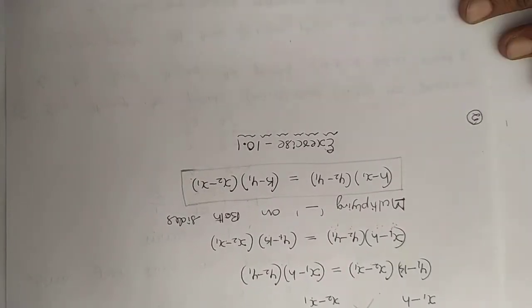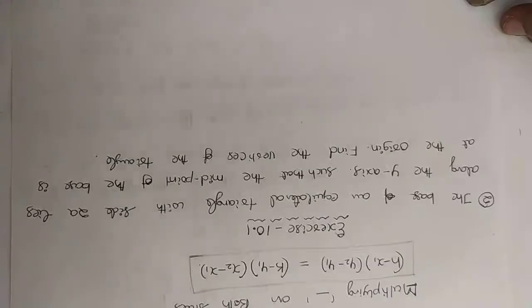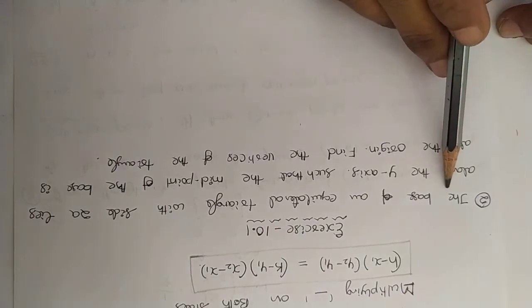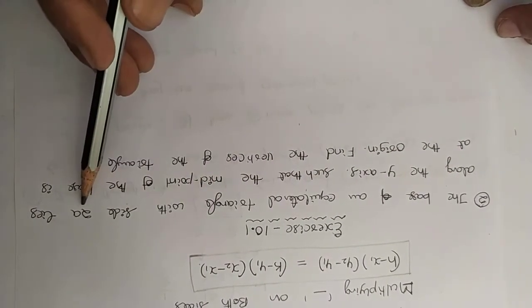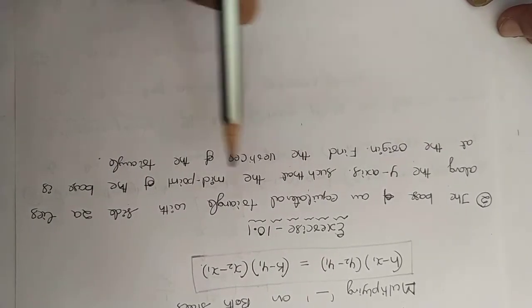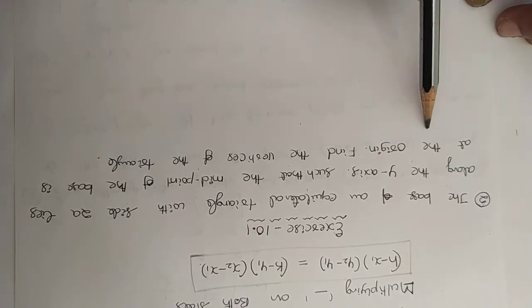In this 10.1, see the second question. You just understand what is given. The base of an equilateral triangle with the side 2a lies along the y-axis such that the midpoint of the base is at the origin.